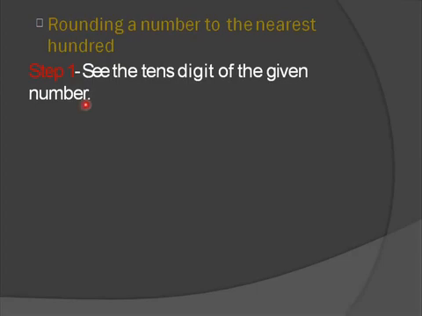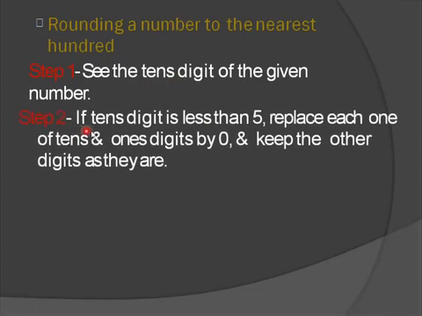Same way here, if you round off to the nearest 100, see the tens digit of the given number. If the tens digit is less than 5, replace each of the tens and ones digits by 0 and keep the other digits as they are. As we have seen in the nearest tens, same way here also: if the number in the tens place is less than 5, we keep 0 in the ones place and the number stays the same.